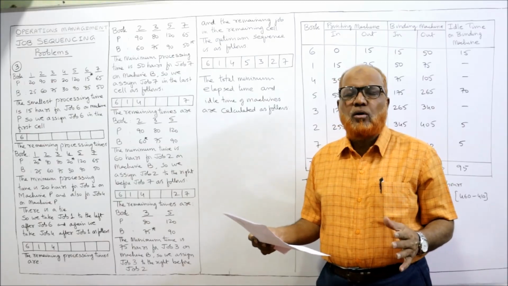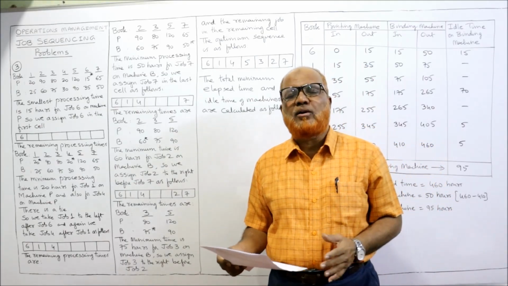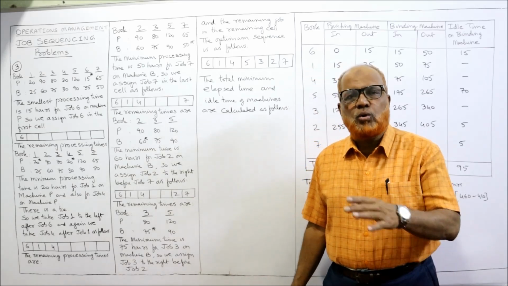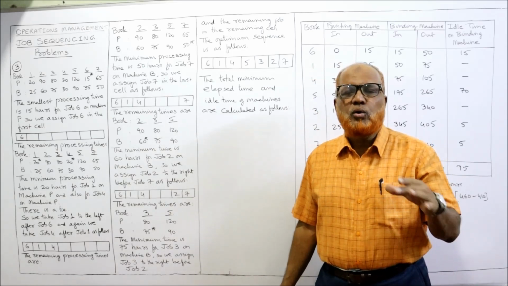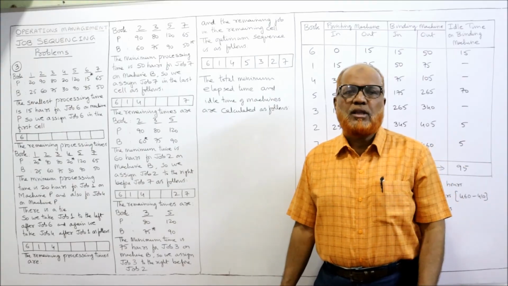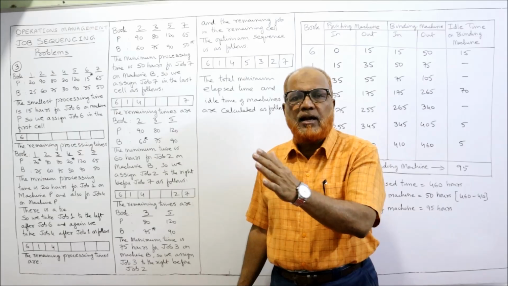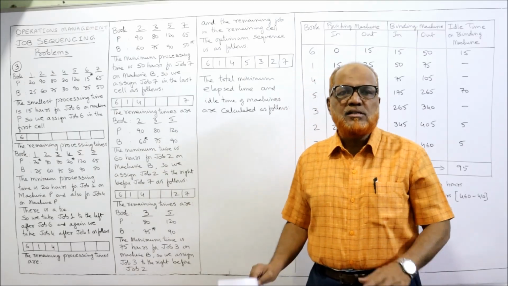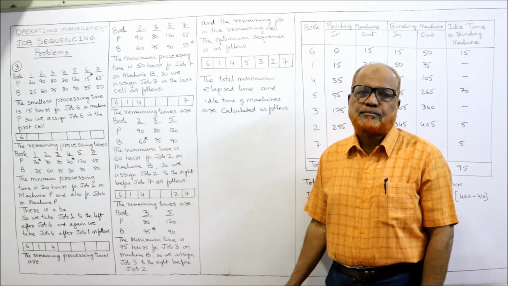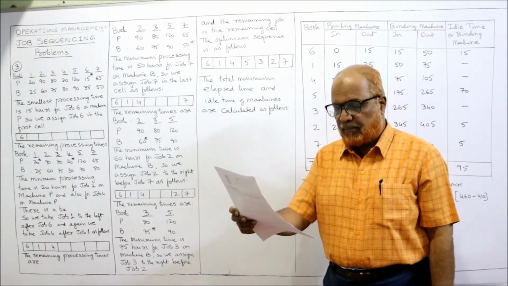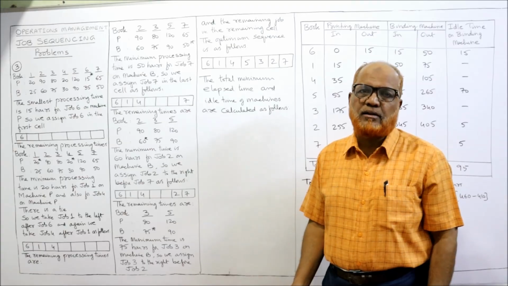And after finding the optimum sequence, we have to find the total elapsed time. Total elapsed time means the total time required to finish all the books. That means the time from the beginning of the first book to the ending of the last book. That is called the total elapsed time. What is the minimum total elapsed time and what is the idle time? That's what we have to find out.